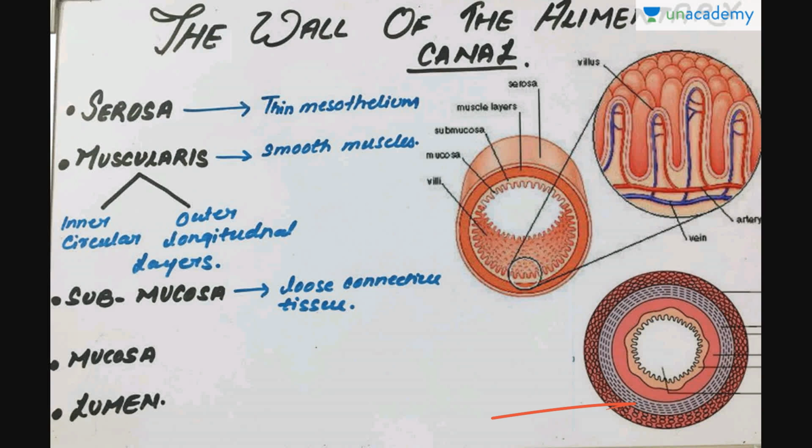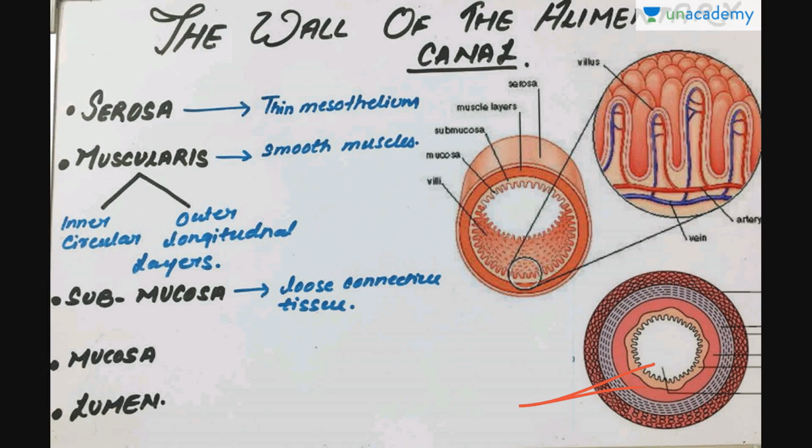Now, next comes the submucosal layer, which is formed from loose connective tissue containing nerves, blood, and lymph vessels. In the duodenum, glands are also present in the submucosal layer.